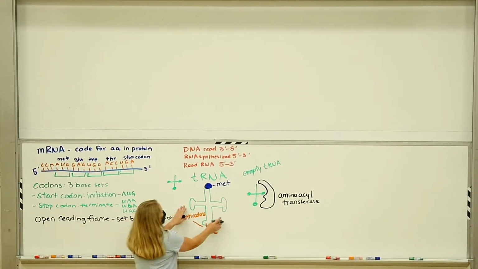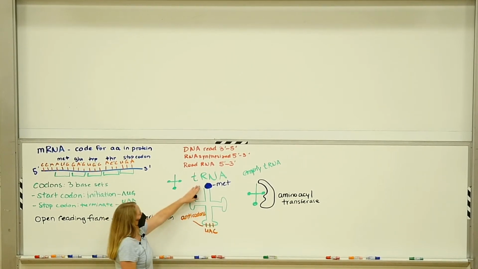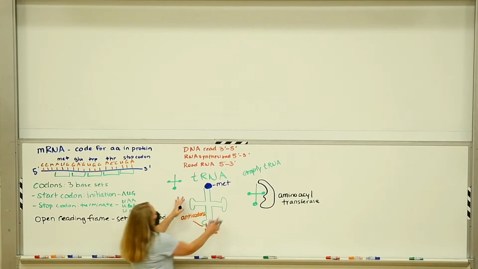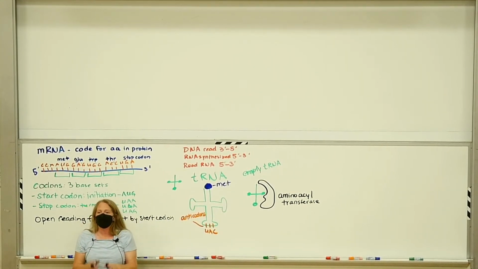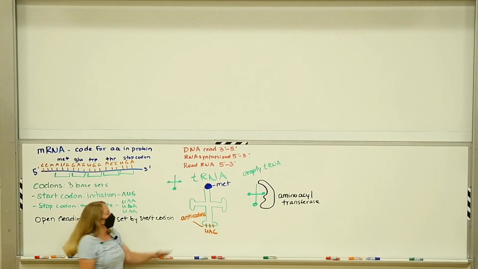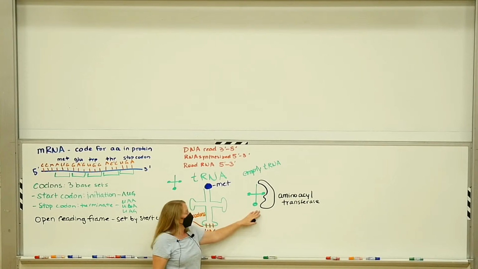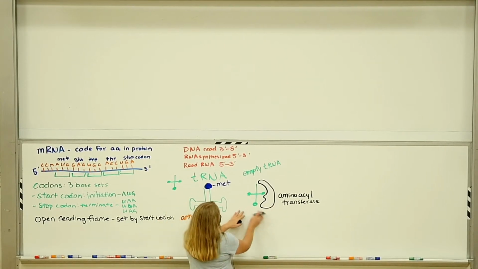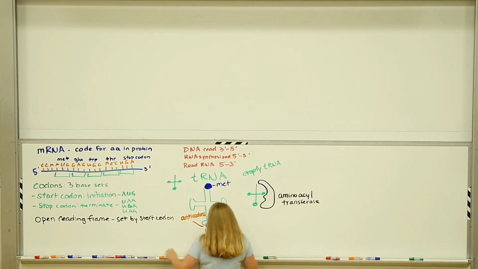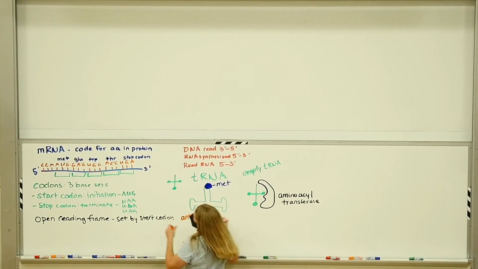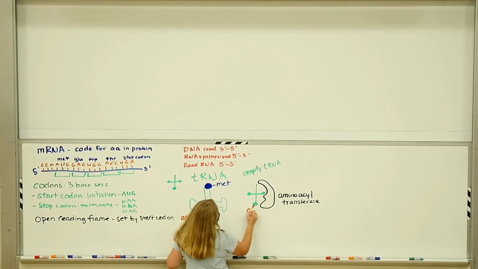Now, just like these tRNAs are very specific, they only match a certain codon, they only carry a certain amino acid, they're also going to have very specific 3D shapes that will differ per tRNA. They will match very specific amino acid transferases. So if this amino acid transferase can come in and bind to this, then the 3D shapes are perfectly fit. And let's say that this guy is carrying CUC.